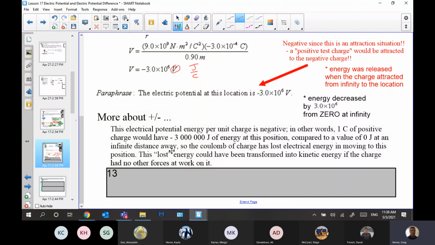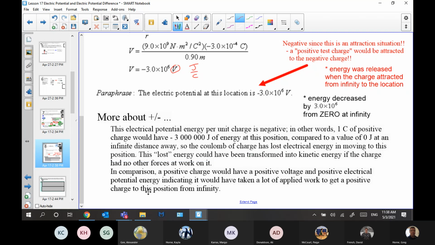In other words, 1 coulomb would have that much energy, a negative energy at that position, in comparison to 0. That's really what I was talking about. It lost energy because it transferred to kinetic as it came in from infinity. A positive charge, of course, would have positive potential in comparison to infinity.